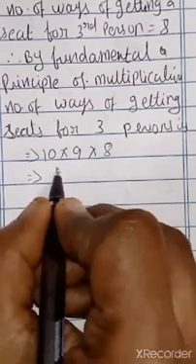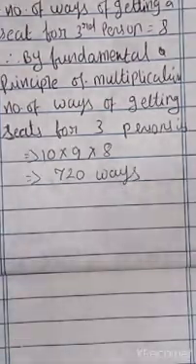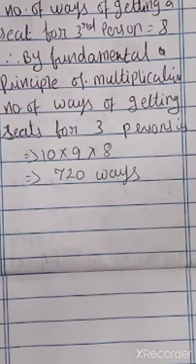So 10 into 9, 90. 90 into 8 is 720. So 720 ways they can occupy the places. Is that right?